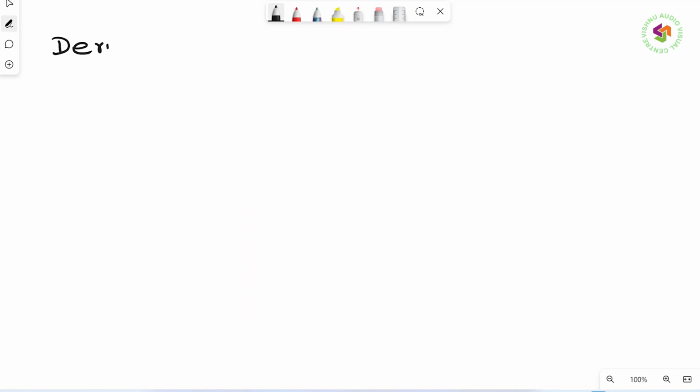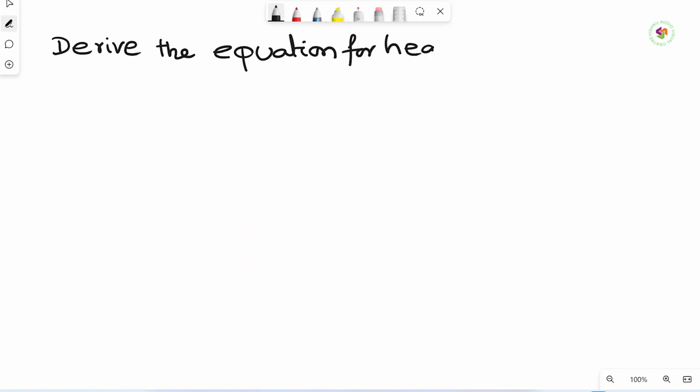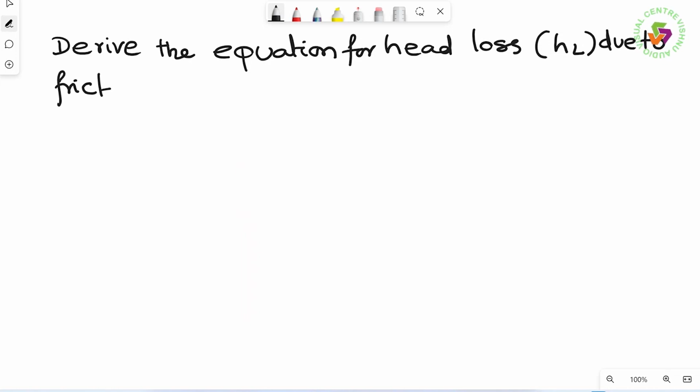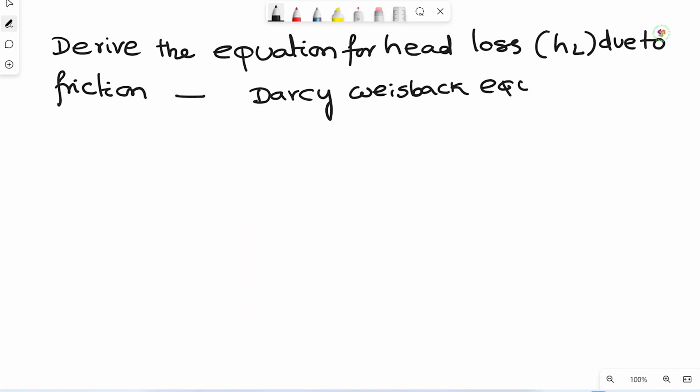Derive the equation for head loss due to friction, or derive the Darcy-Weisbach equation.